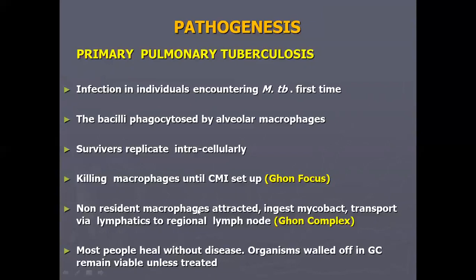Now, non-resident macrophages are recruited to this site. They ingest the mycobacteria and transport them via lymphatics to the regional lymph nodes, what we call the Ghon complex. So the primary lesion in the tissue is Ghon's focus. When these lesions involve the surrounding lymph nodes, it is called Ghon's complex.